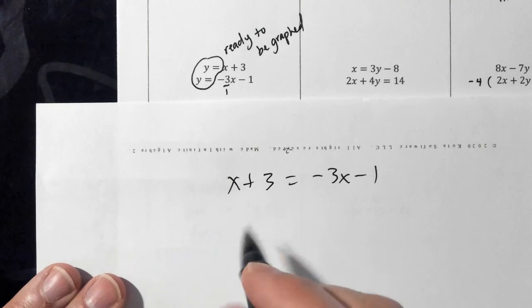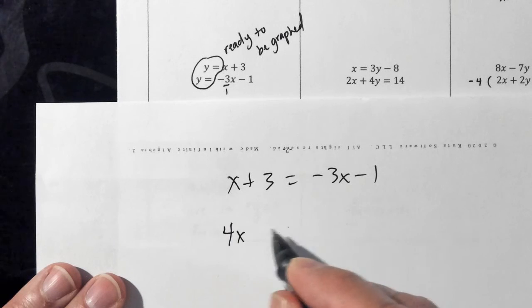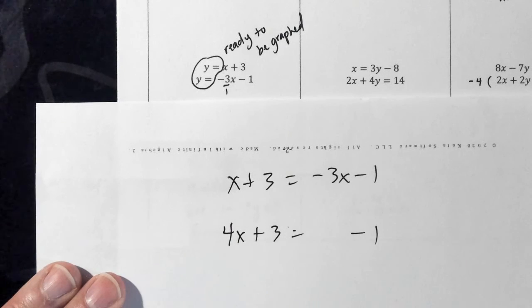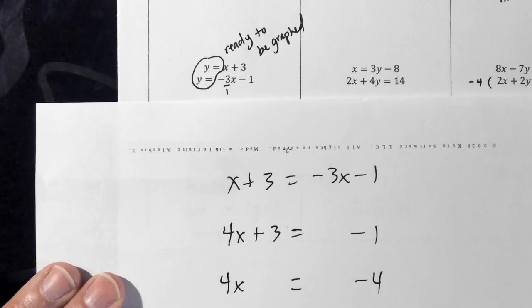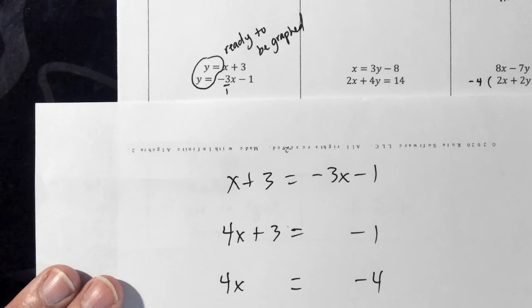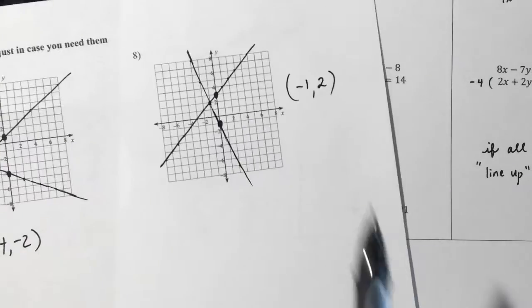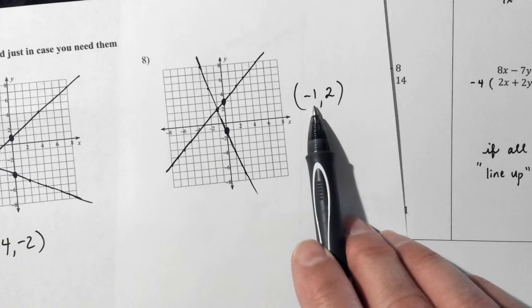Add 3x to both sides. Subtract 3 on both sides. Look at that. Look how fast I found that x equals -1, which is what we got with graphing also.